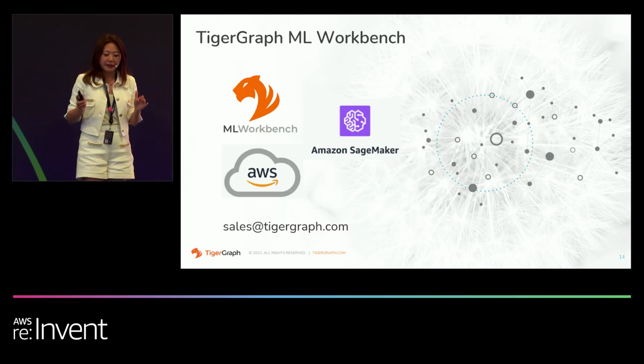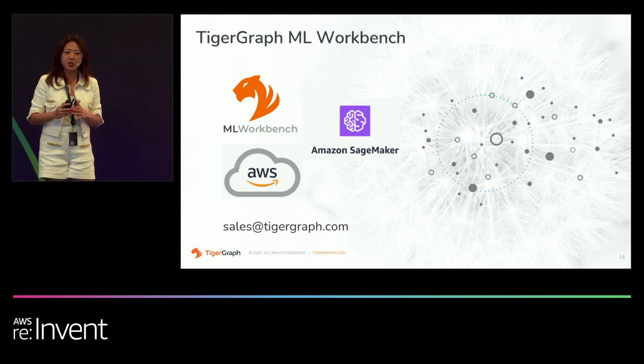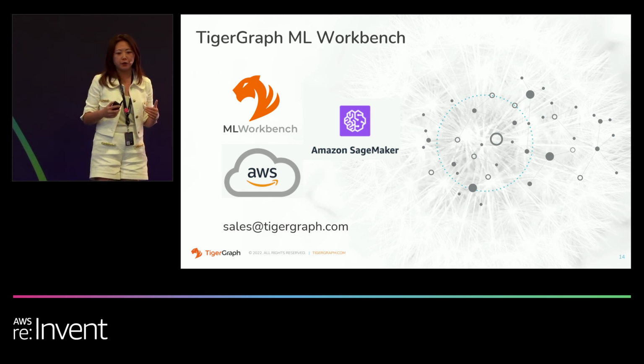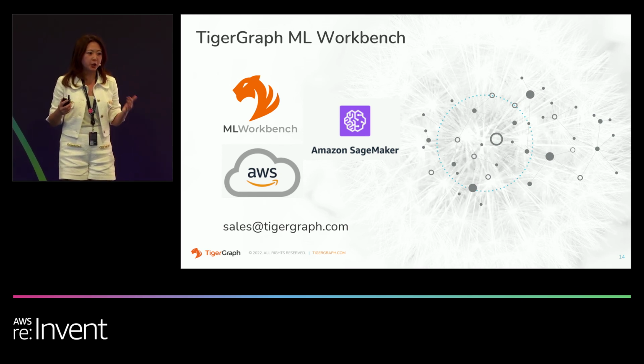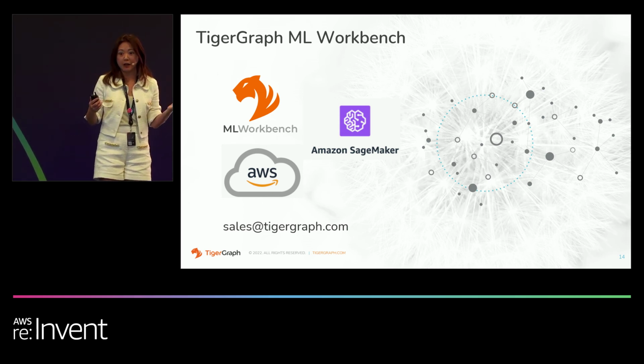So this is my last slide. I want to, again, address that we have a machine learning workbench. It is simply an interface that works with any deep learning tools that you're already using. So if you're using PyG, or DGL, or TensorFlow, we have a machine learning workbench, which is basically TigerGraph, and it's a Python library.